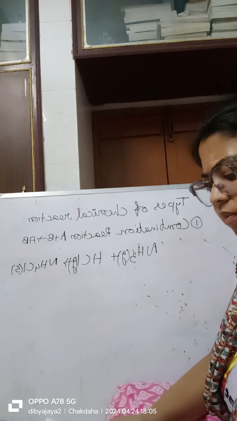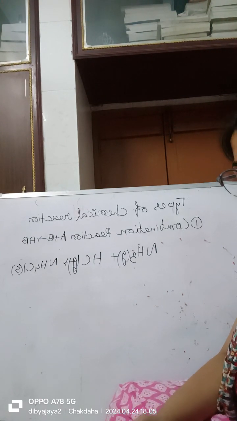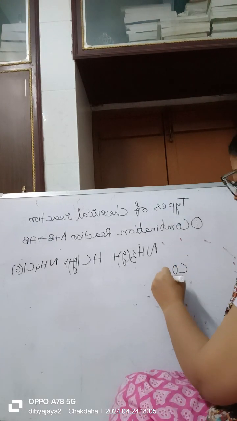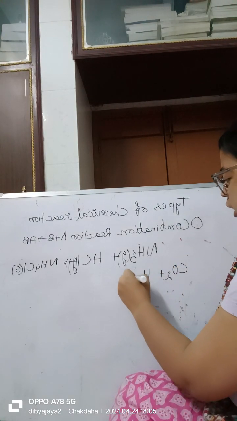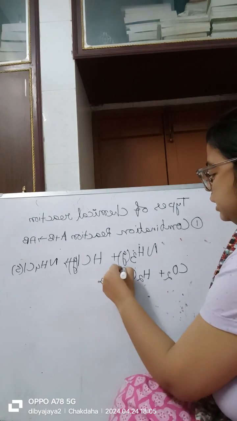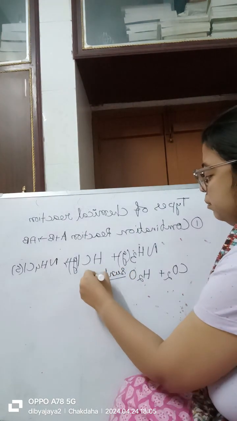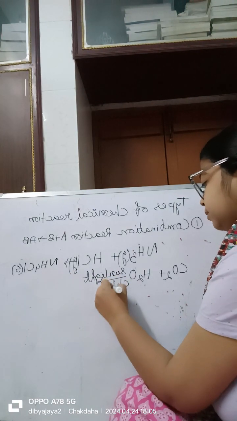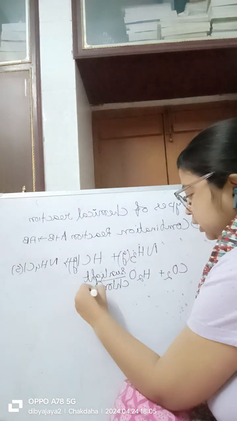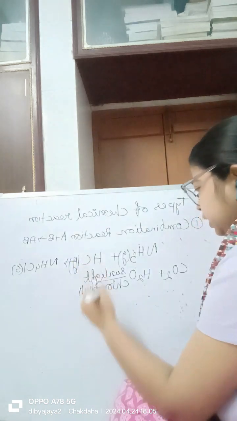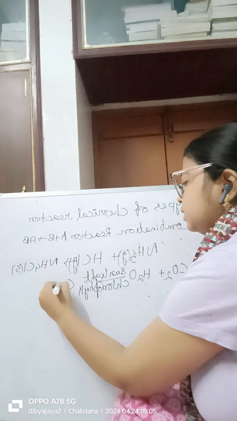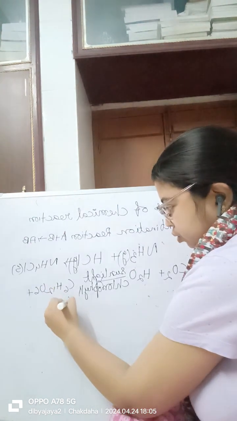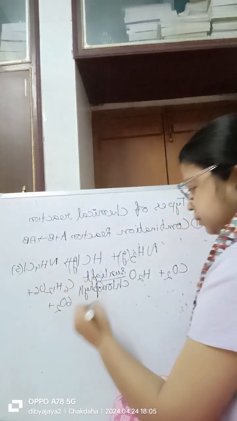Next, photosynthesis is also a combination reaction. As we know, carbon dioxide and water in the presence of sunlight and chlorophyll make C6H12O6 plus 6O2 plus energy.